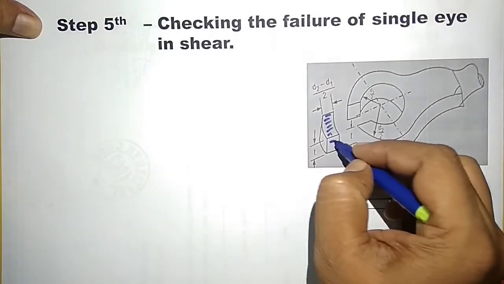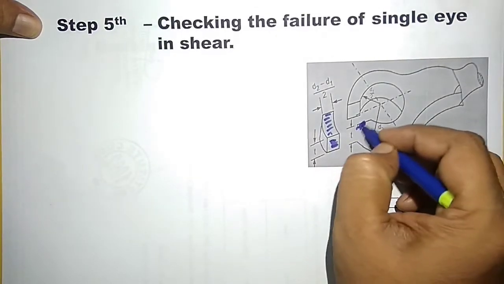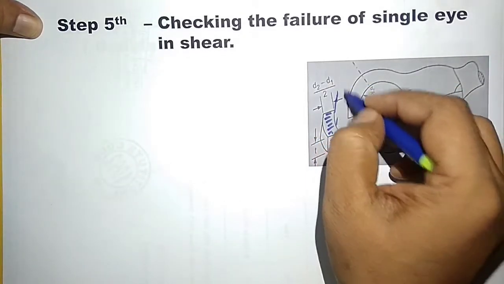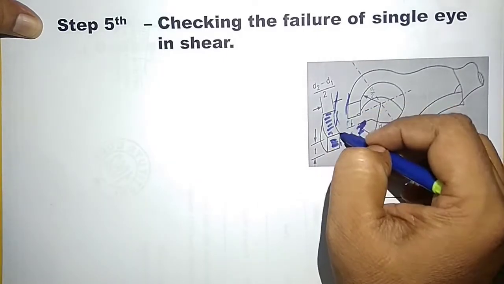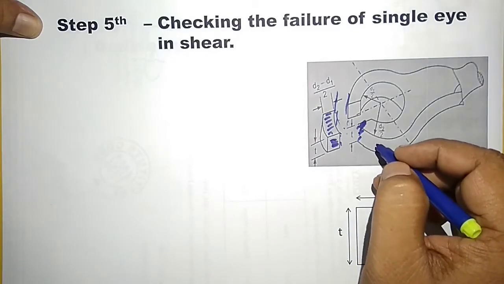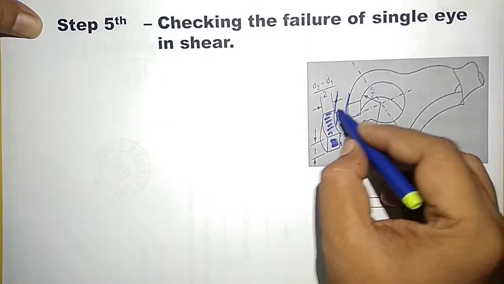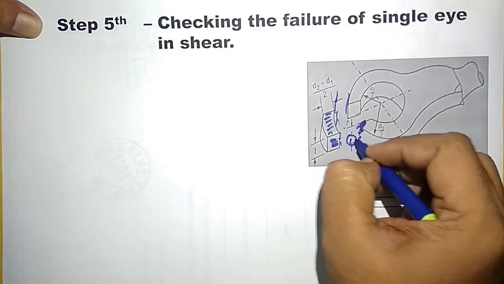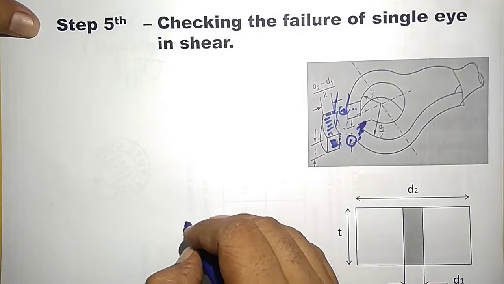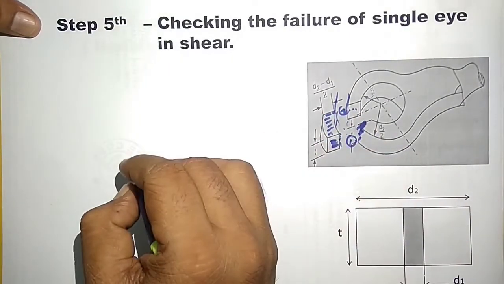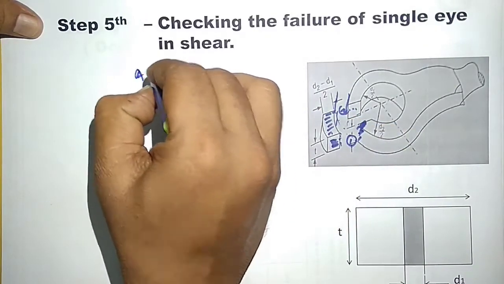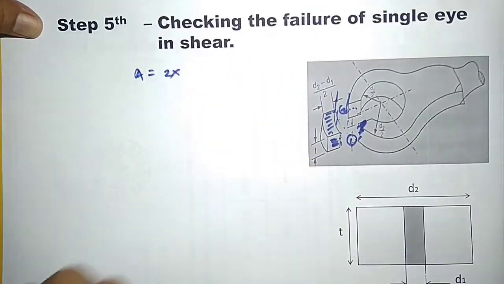Because this surface and this surface of the single eye are in contact with the knuckle pin passing through, so that much area will break out. This and this is one contact, and the other is a second contact, so it is a two times contact, therefore it is in double shear. So the area will be multiplied by 2 due to the double shear.